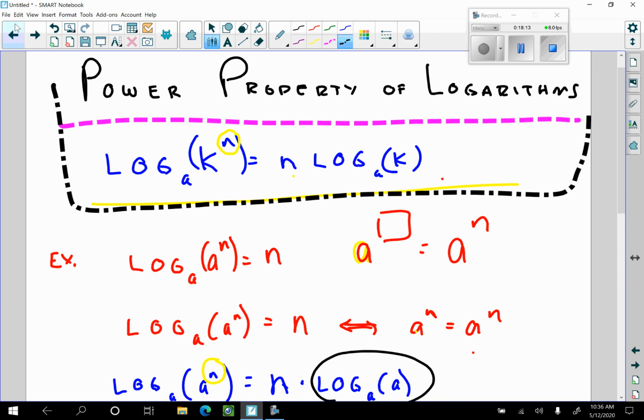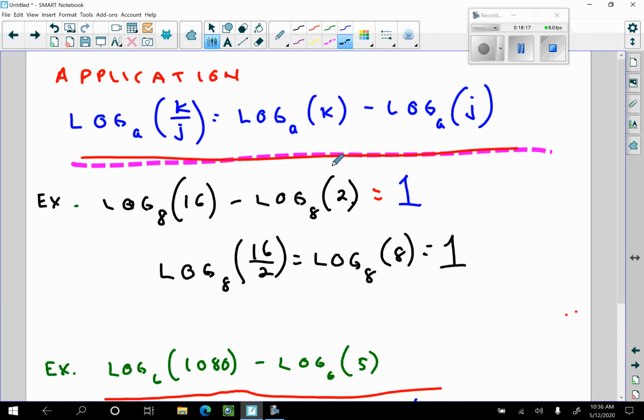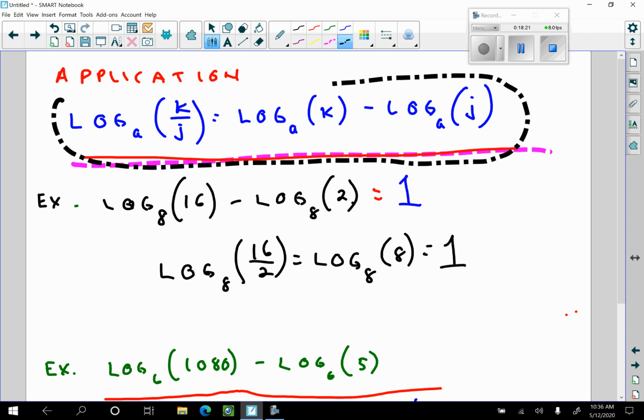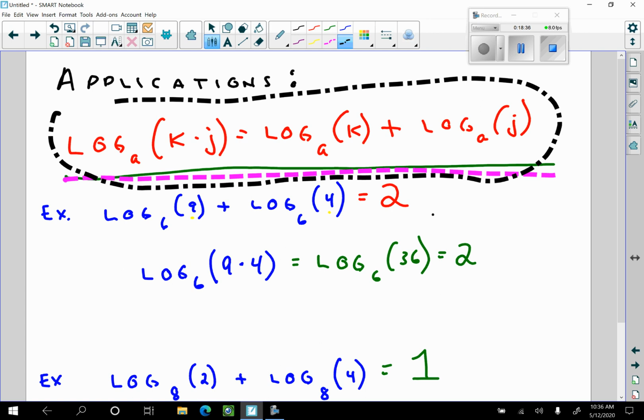Then we had, back here, the quotient property. You divide, you're going to subtract the logarithms. And then we have the product property. If you're going to multiply inside the parentheses, it's going to be the addition of the logarithms.